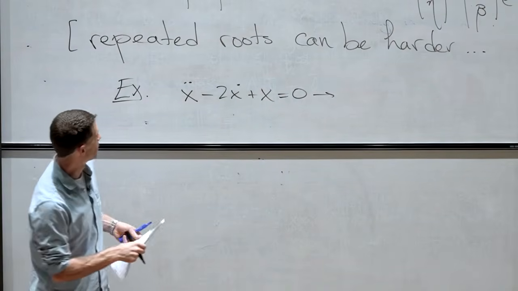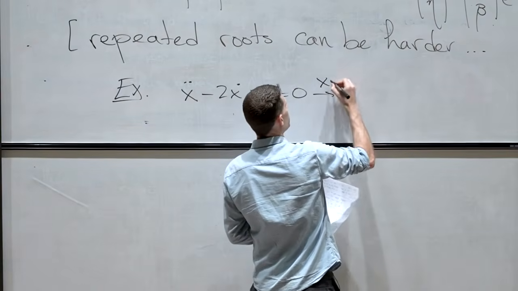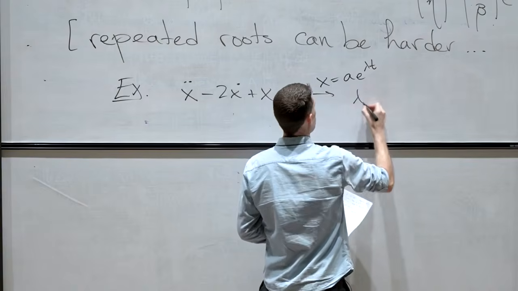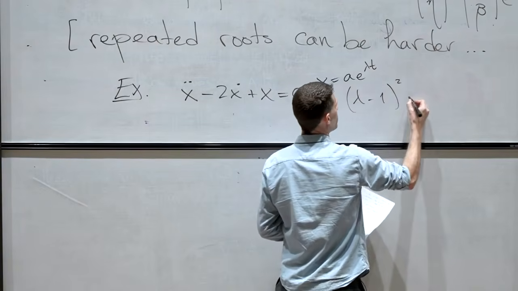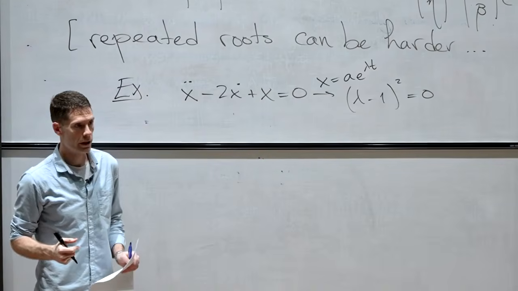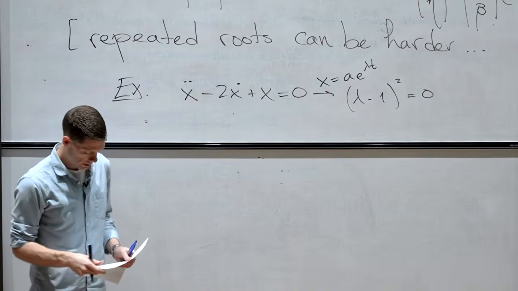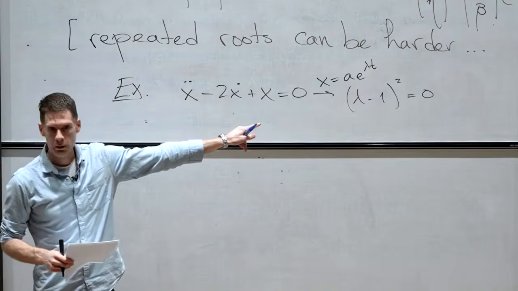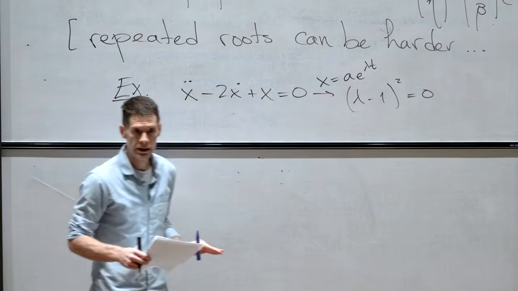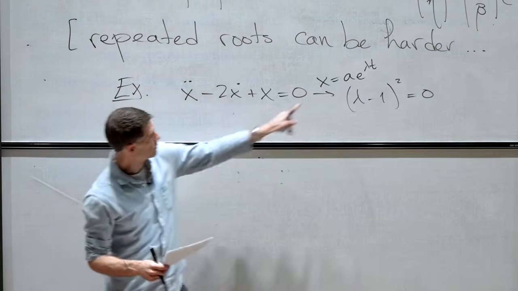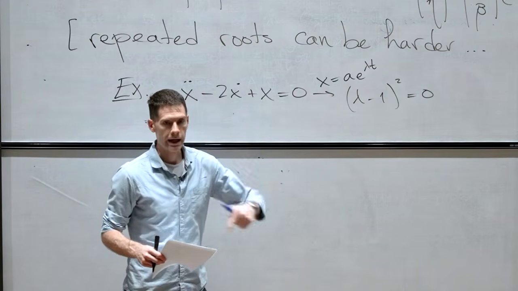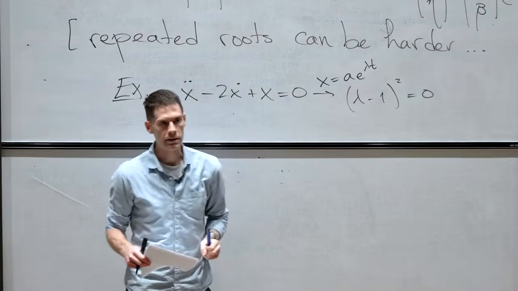My characteristic equation, taking x equals a e to the lambda t, gives lambda minus 1 squared equals 0. That's the one-dimensional repeated root case. Lambda equals 1 is the only root. You've learned what you do in that case: one solution is e to the t, because lambda equals 1, and I get another solution by plopping a t in front.